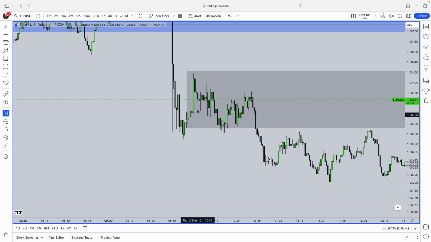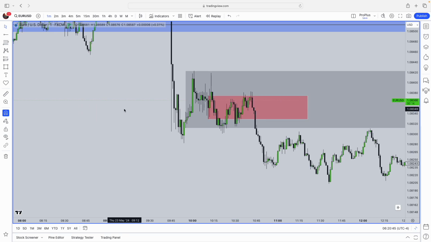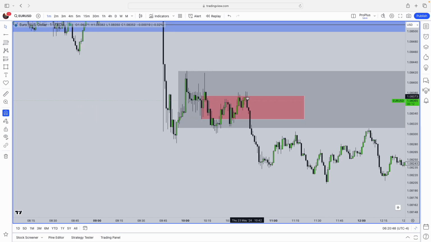Okay. So this high, it's made a high, it's made a low, it's made a higher high, then a lower low. Okay, so these candles here is a breaker. Okay. So let's just get that candle there. Draw across. If you trade breakers, then look at price respecting the high of the breaker.